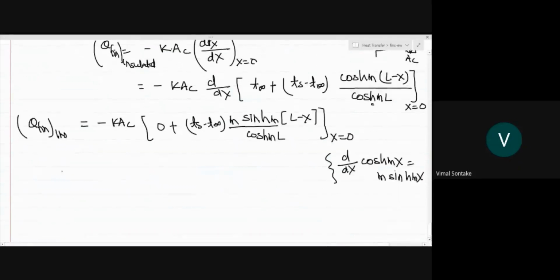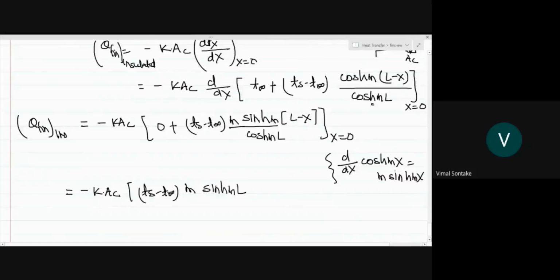Now simplify this: minus K into AC, this will vanish, Ts minus T infinity. Now put the value of x equal to 0. So what will it become? It will become sine hyperbolic ml, x equal to 0.